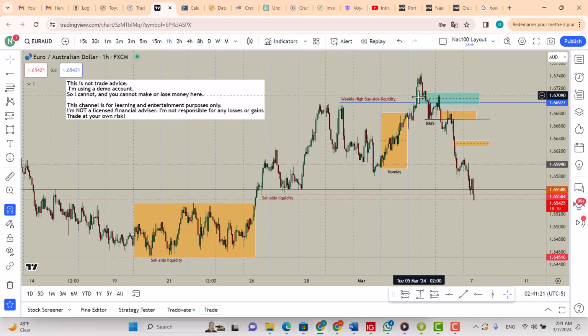So since we had an inversion fair value gap on Wednesday, we had the day started here, and we traded back up into that inversion fair value gap, and immediately broke lower, creating a break in market structure right here on this time frame.